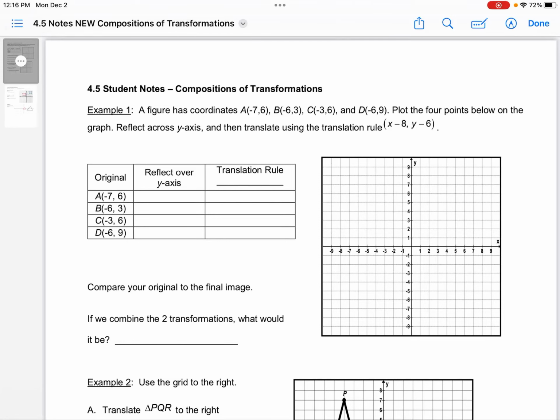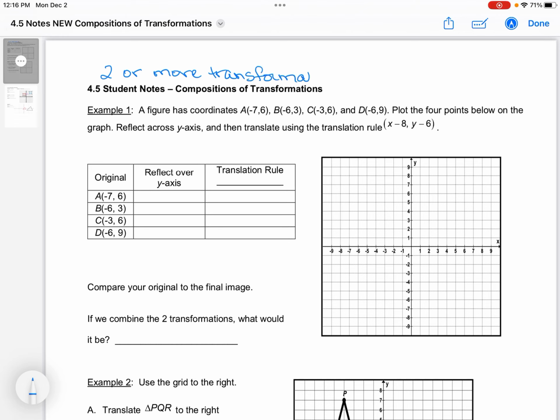Alrighty. Compositions of transformations means you're doing two or more transformations. The ones we've talked about so far are translations, reflections, and rotations.